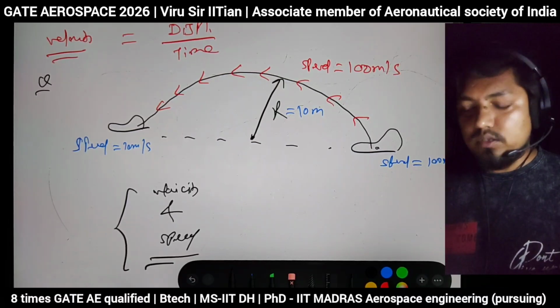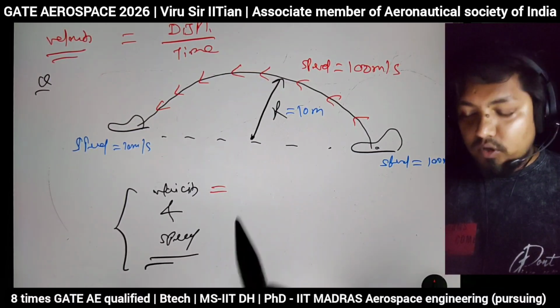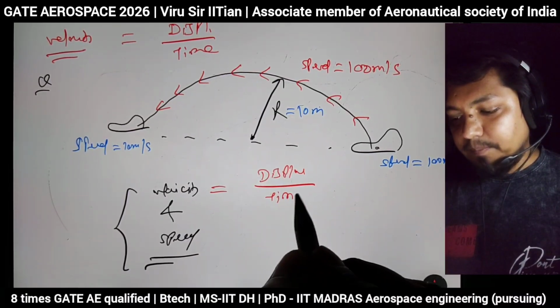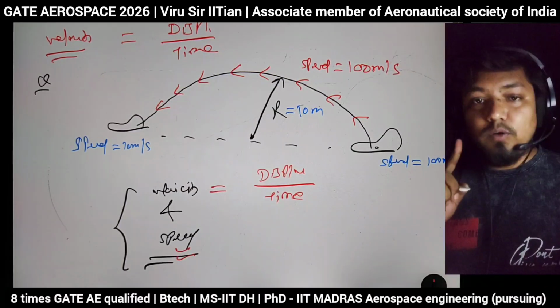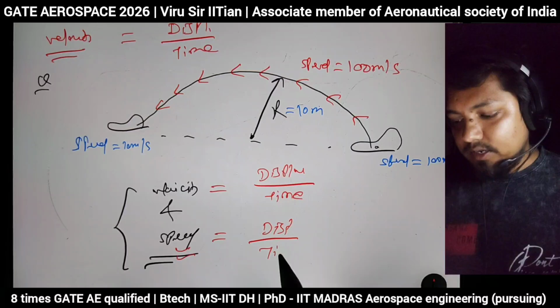I can ask you this. When you are finding velocity, you will bother about displacement by time, and when you are finding speed, you will bother about distance by time.